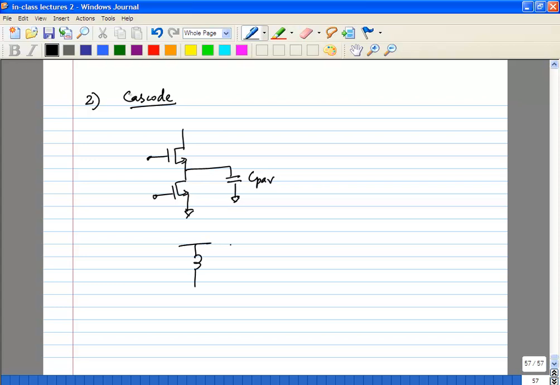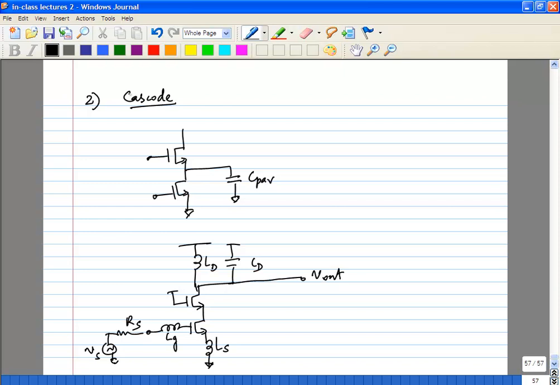so we have, or we think we have, our common source amplifier, LNA. And of course, you're going to drive it with Vs. This is your output.